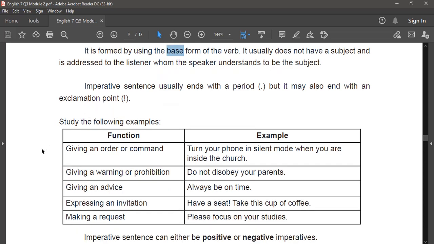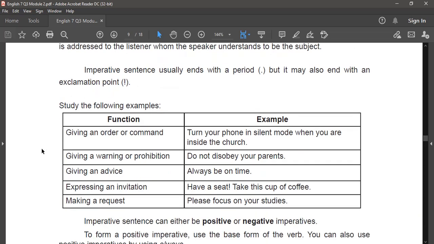So just like what I said, we will be discussing the functions of the imperative sentence. So we have here 1, 2, 3, 4, 5 functions of imperative. So we use imperative sentence in giving an order or command. So we use imperative sa pag-uutos. Number 2, giving a warning.